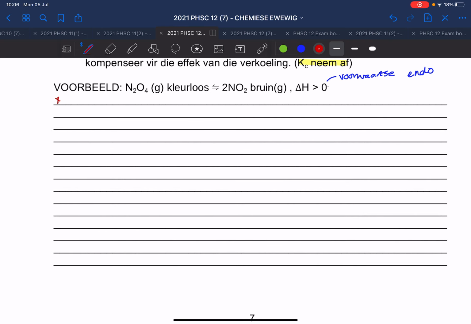So die vraag daar is, the question there is: how will the Kc value change if the temperature is increased? Hoe sal die Kc waarde verander as die temperatuur toeneem?